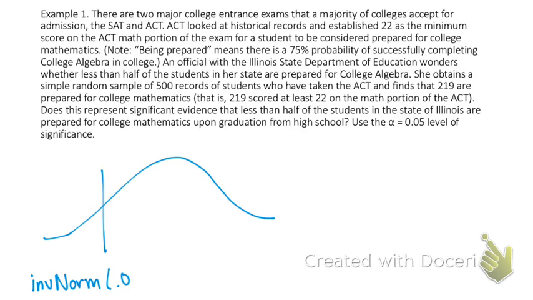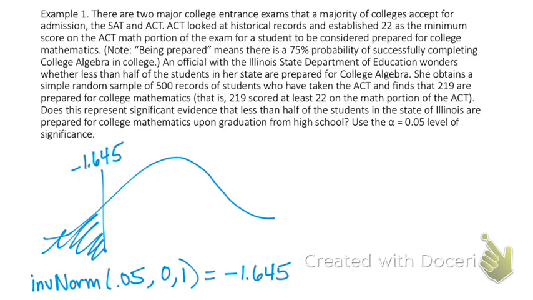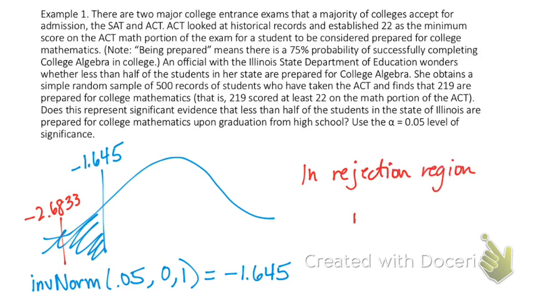Inverse norm of 0.05, which is negative 1.645. And what was my test statistic again? Negative 2.6833. Is that in my rejection region? Yes. So it's in the rejection region, so I reject.